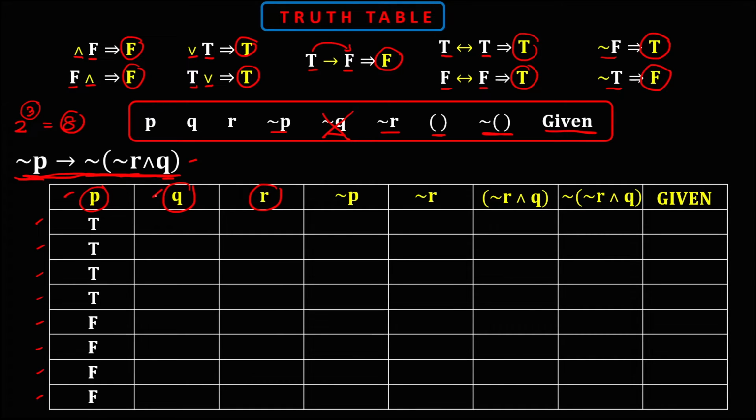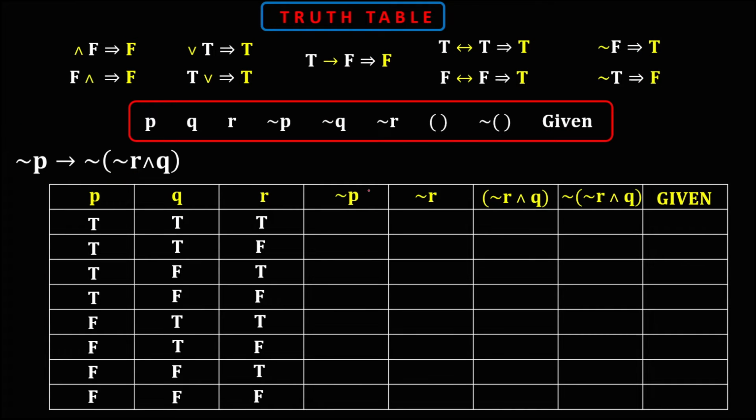Then for Q, that's true, true, false, false, true, true, false, false. These values for Q are fixed. Then for R, true, false, true, false, true, false, true, false. Again, the values for these variables are fixed.